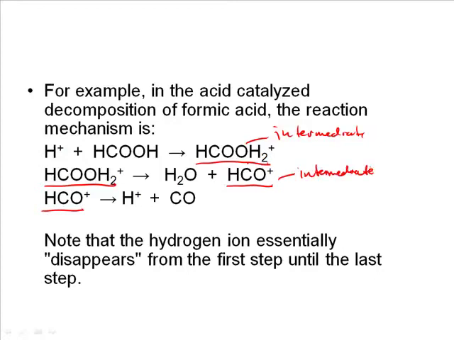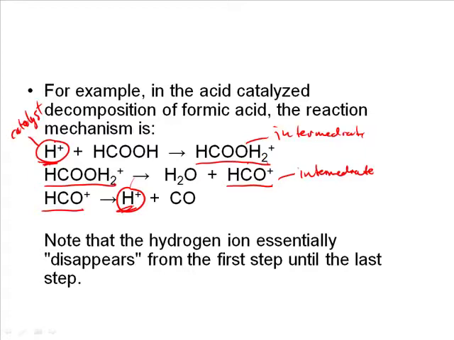A catalyst is something that you start with and then you end up producing again. So in this case, we're starting with hydrogen, H plus. It's being formed again. That is a catalyst right there. So notice the difference. An intermediate is formed and then used. A catalyst you start with and then you end up producing again.